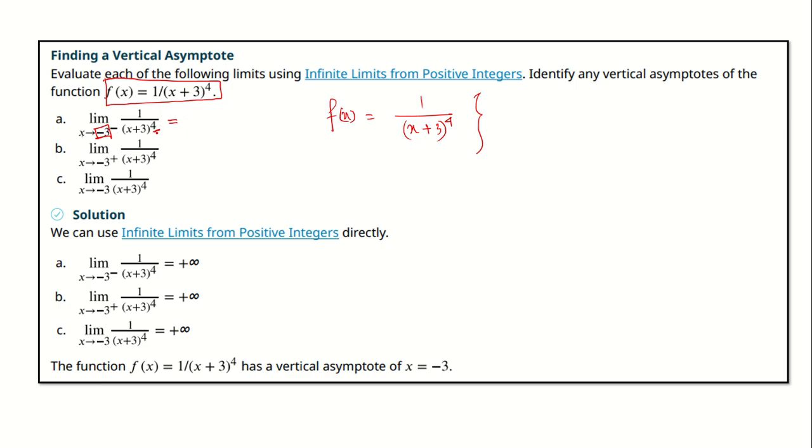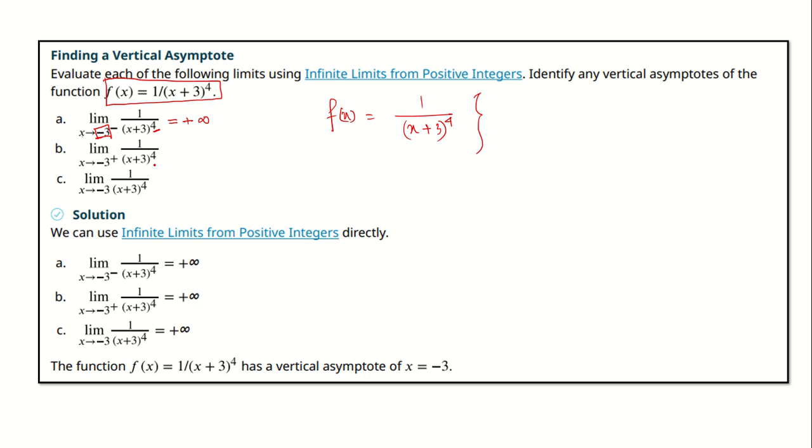Since 4 is a positive even integer, we'll always have positive infinity. You can use the theorem directly here.